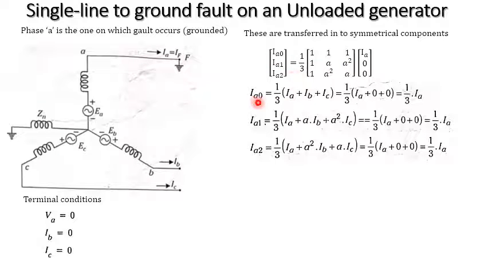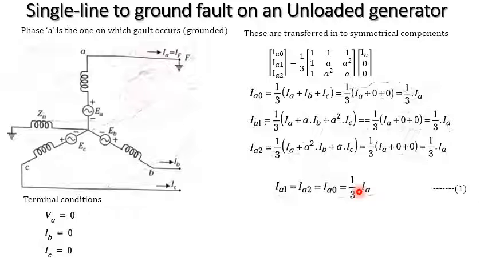Multiplying this, IA0 is equal to 1 by 3 times (IA plus IB plus IC); since IB and IC are 0, we get 1 by 3 times IA. For IA1 it is 1 by 3 times (IA plus a·IB plus a²·IC); again B and C values are 0, so we get 1 by 3 times IA. Similarly, for IA2 we get 1 by 3 times IA. So from this we can write IA1 is equal to IA2 is equal to IA0, which is 1 by 3 times IA.